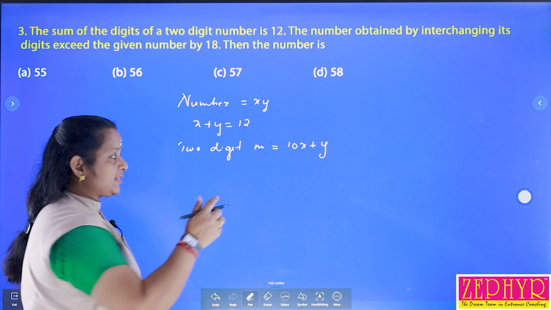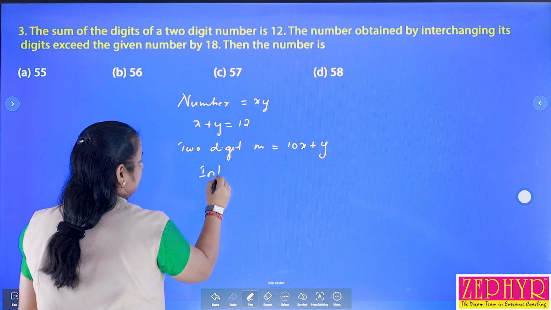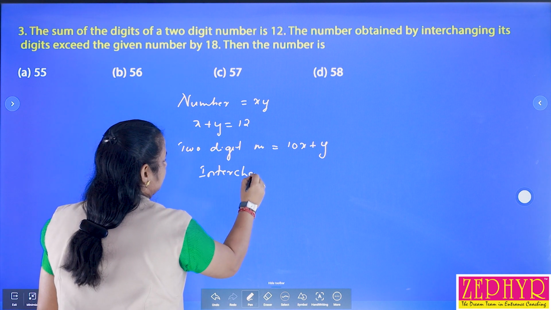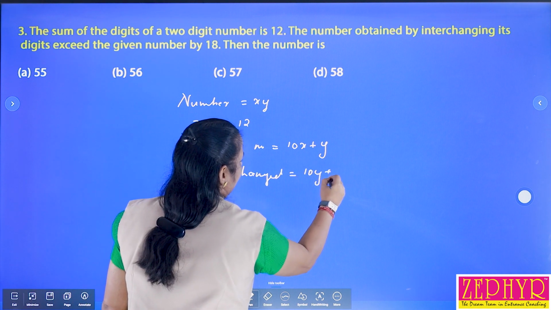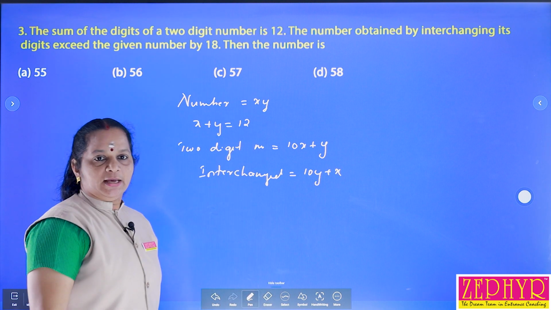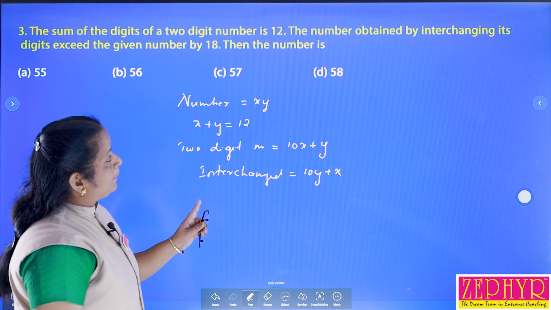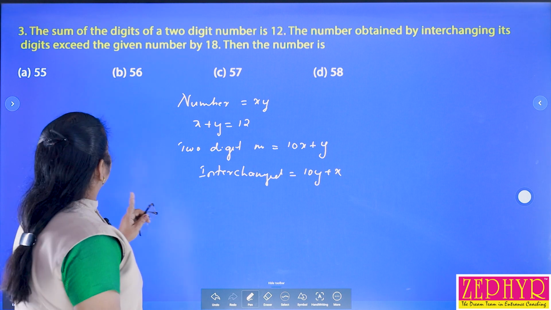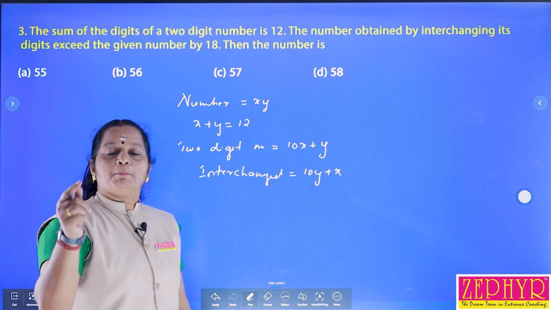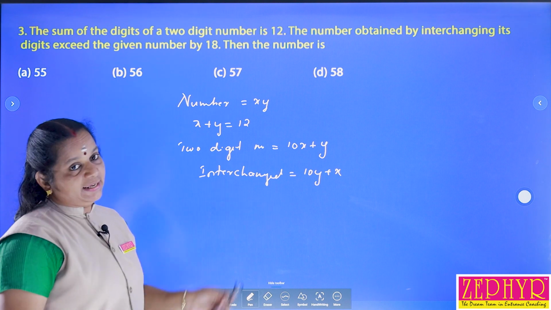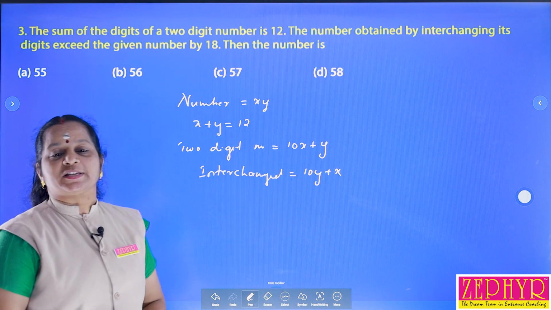If these digits are interchanged, it becomes 10y plus x. Okay, then what's the relation here? The number obtained by interchanging its digits exceeds the given number by 18. So here what is the given number? It is 10x plus y.